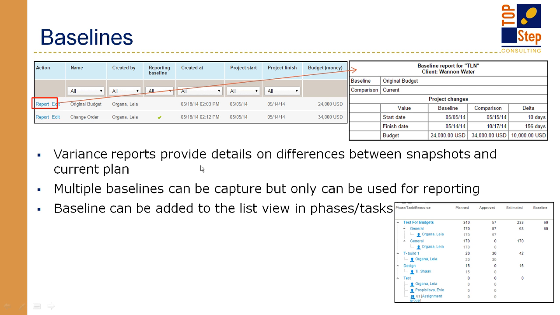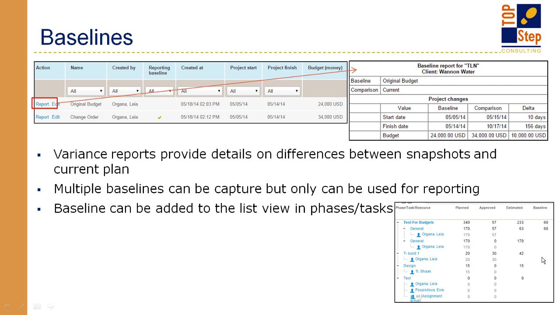The really nice thing about these baselines and the snapshot ability is, for those of you that use the task list view, when you're looking at your projects in that phase and task list outline view, you can customize that view to add a baseline. So for this project, for example, I have planned, I have approved, I have estimated, and then I have a baseline.